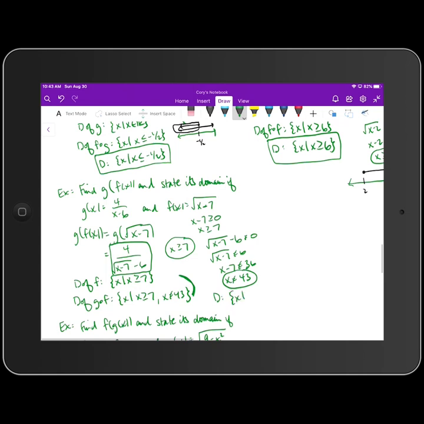All right, so it's a set of x such that x is greater than or equal to 7, and x can't be equal to 43. All right, so that right there is the domain of that composite function.